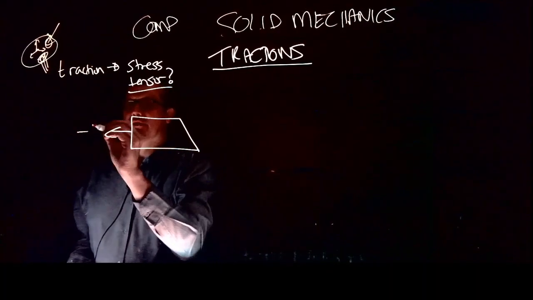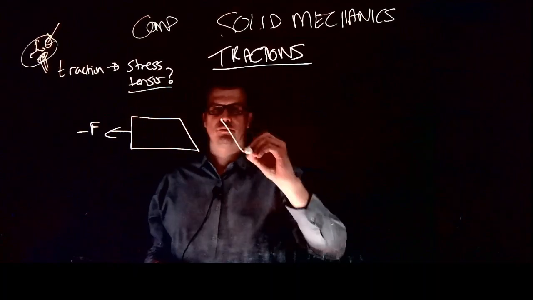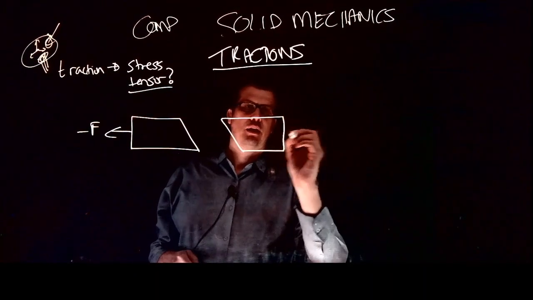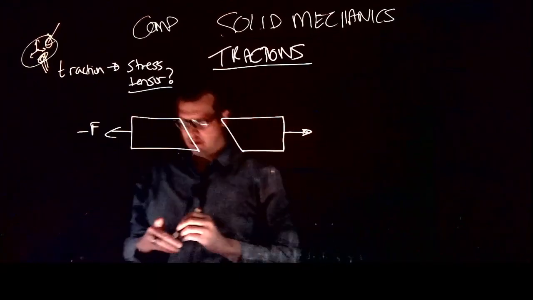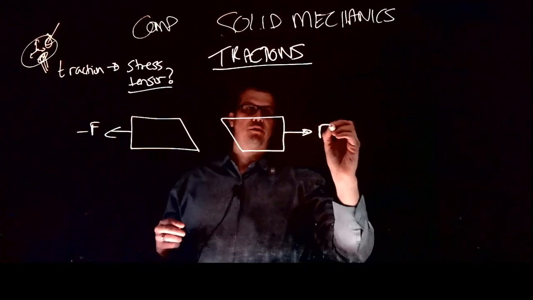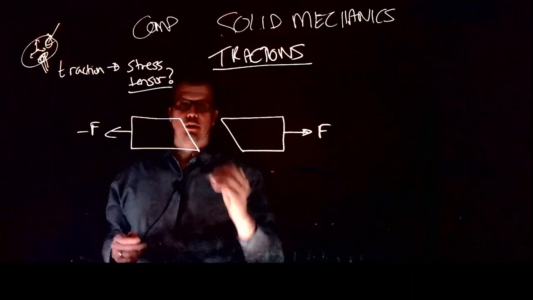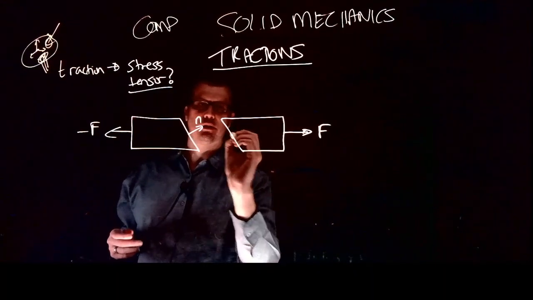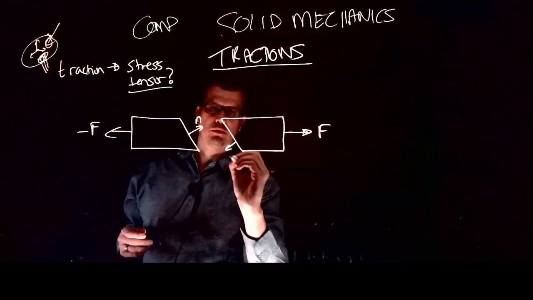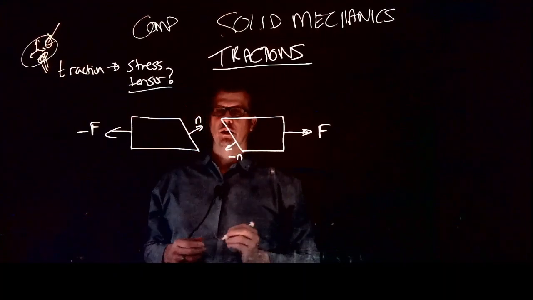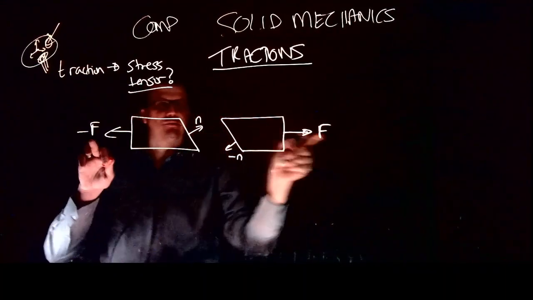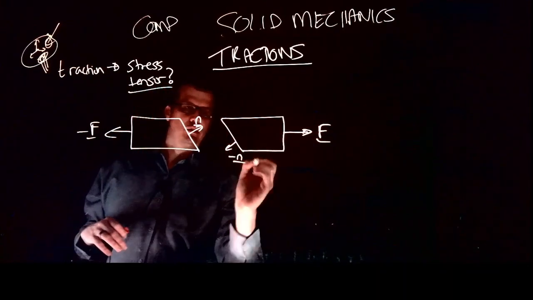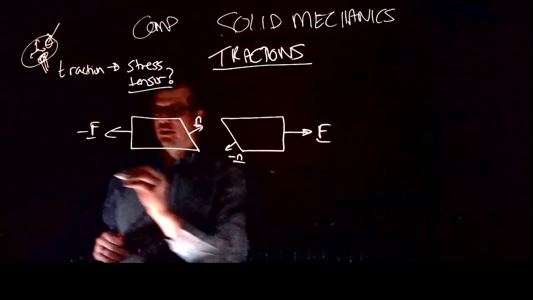Let's call this negative F. I'm cutting this body now, and saying I've got another loading here, that is essentially called positive F. I can now say this is a normal to this face, and this is the negative of the normal on that face. These normal vectors and these forces that we have as vectors, we express in this coordinate system.